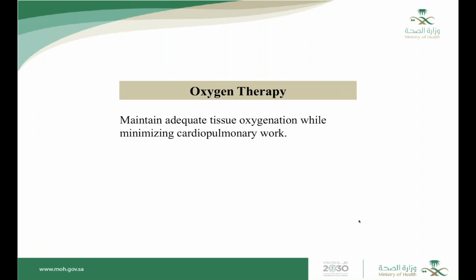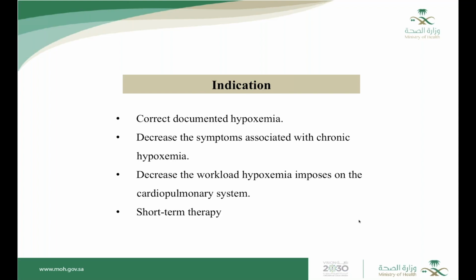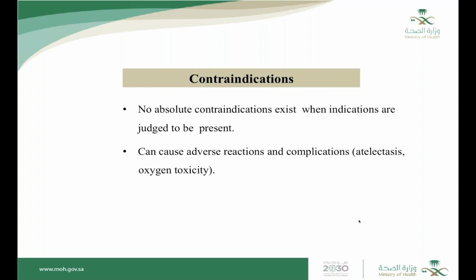As we said, the goal is to maintain adequate tissue oxygenation, so the indication could be to correct documented hypoxemia, decrease the symptoms associated with chronic hypoxemia, decrease the workload hypoxemia imposes on the cardiopulmonary system, or it could be given for short-term therapy. For example, when we give some bronchodilators, sometimes we use oxygen as well.